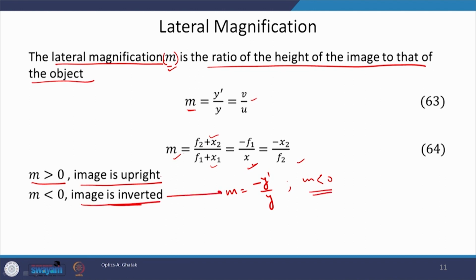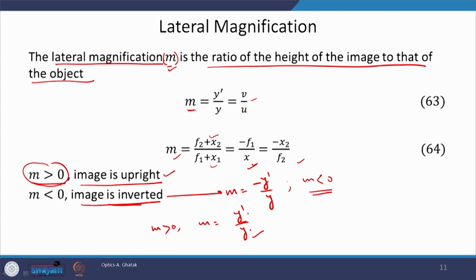Now, if m is greater than 0, m is equal to y prime by y, and they both are positive, y prime is positive as well as y is positive. When will this happen? When both object and image are upright, only then will this happen. And it means that when m is greater than 0, the image is upright.